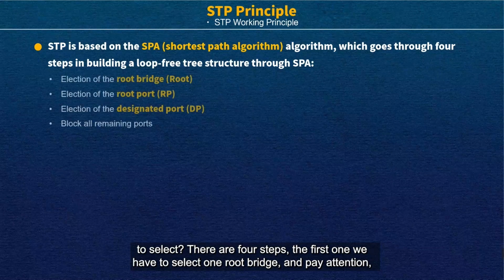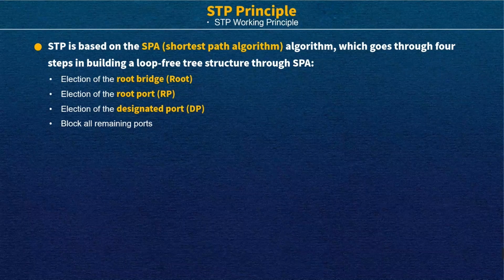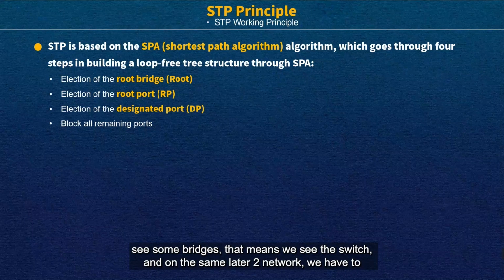There are 4 steps. The first one, we have to select one root bridge. And pay attention, before we used a switch in our network, we called the device a bridge. So in this course, if we see some bridge, that means we see the switch.